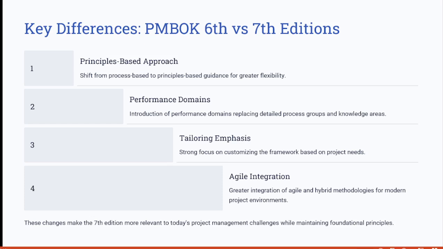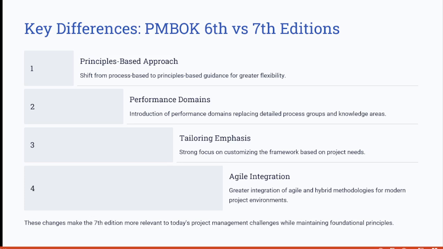One of the most notable shifts is moving from a process-based approach in the sixth edition to a principle-based framework in the seventh edition. This change provides greater flexibility, enabling project managers to apply the guiding principles to different project environments, including predictive, agile, and hybrid methodologies.